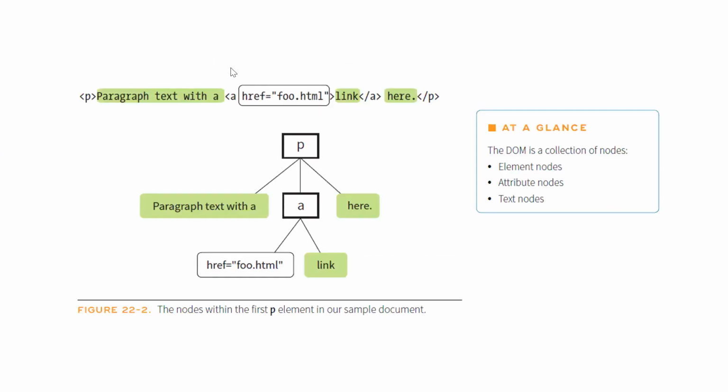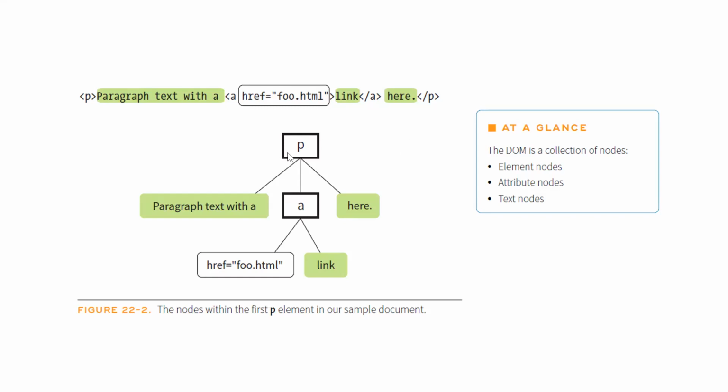Now, to understand a particular usage of the DOM, look at this example. You have a paragraph, and within the paragraph, we have a text called paragraph text with a link within that. When you look at the document object model, you have element nodes, attribute nodes, and text nodes.